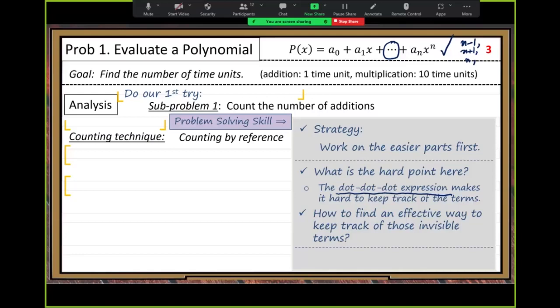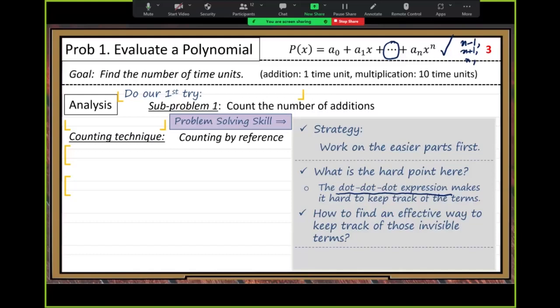Actually, it is based on our everyday life experience. In our everyday life, many times we do things by finding certain references, right? Sometimes when we describe a location, we need to find a reference, like a building, like some road, some traffic light.